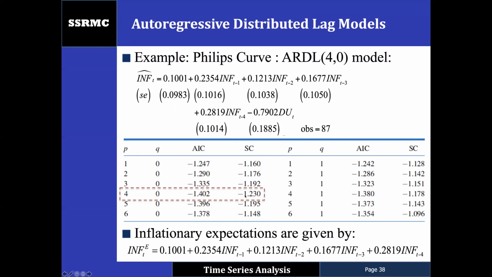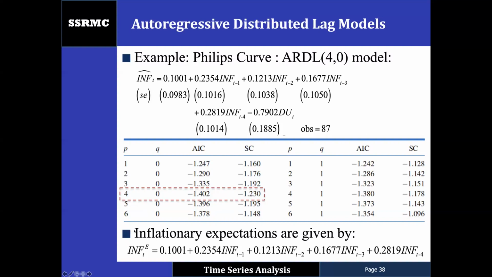Those values are all in relative terms. You pick the ones that are the smallest, because they are all negative, so we find the ones with the largest absolute value. And we find that the ARDL(4,0) model is the best one in terms of AIC and SC.